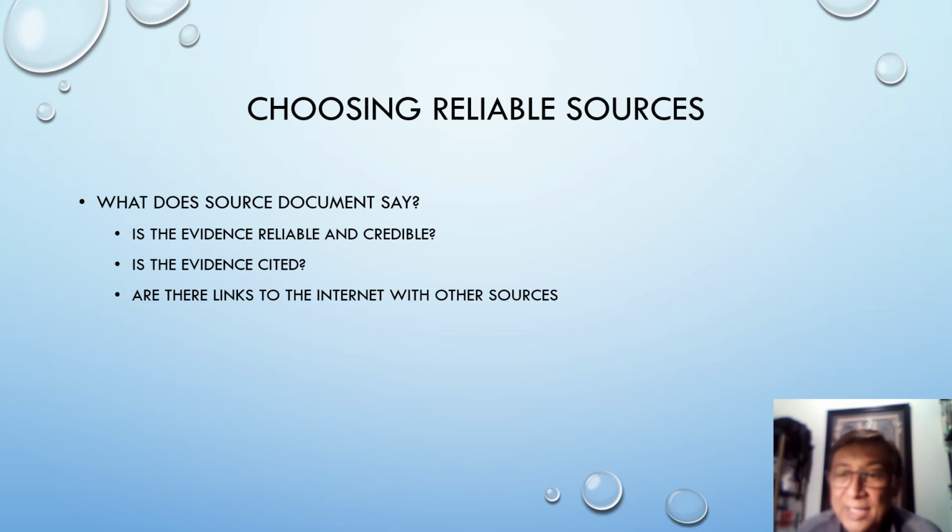You may just be getting one man's view and not a real balanced opinion, because he or she is not sourcing any other sources. Are there links to the internet? That's always good, because in a lot of articles that you read, the URL is right there.